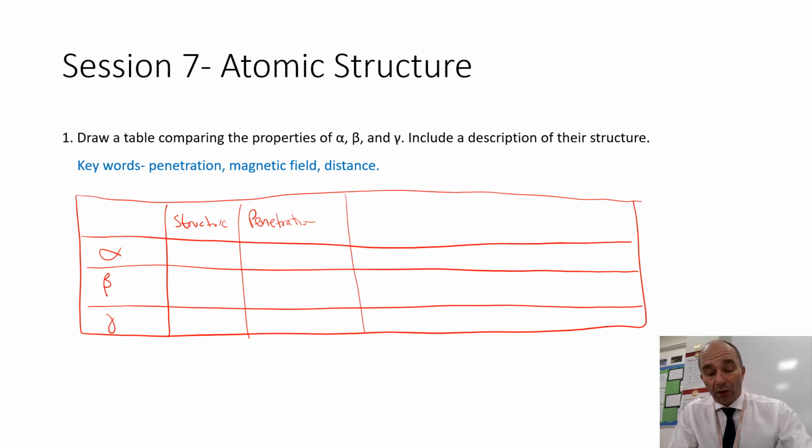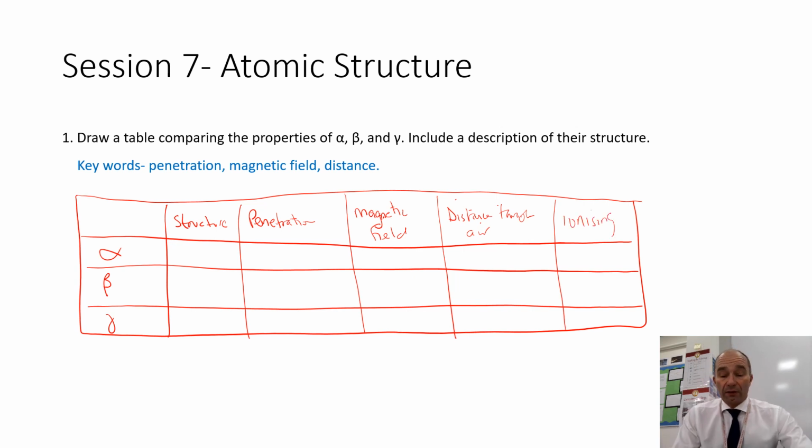Think about the effect of a magnetic field on alpha, beta and gamma, and don't forget the distance through the air that our different types of radiation can travel. The final column is whether that type of radioactivity is ionizing or not. So that's the first activity.